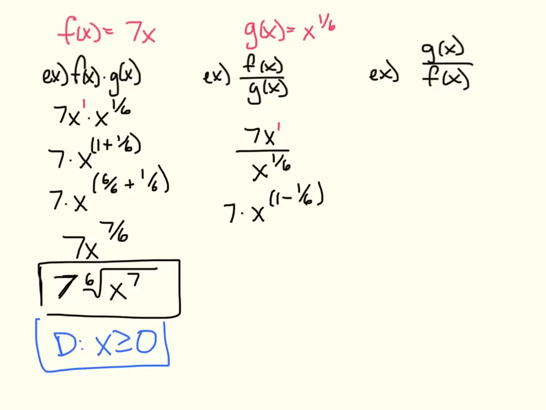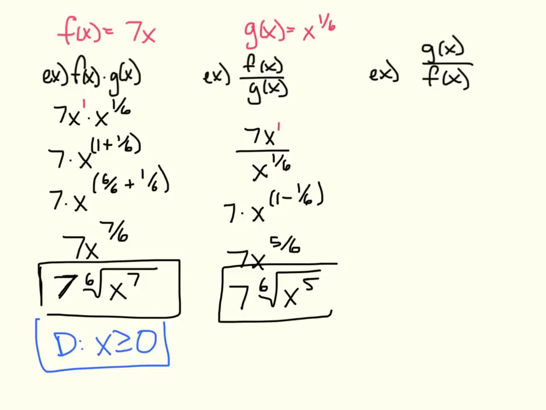So x to the 1 minus 1/6. So 1 is 6/6. Take away one of those, and it's 7x to the 5/6. Rewriting that, that's 7 times the 6th root of x to the 5th.